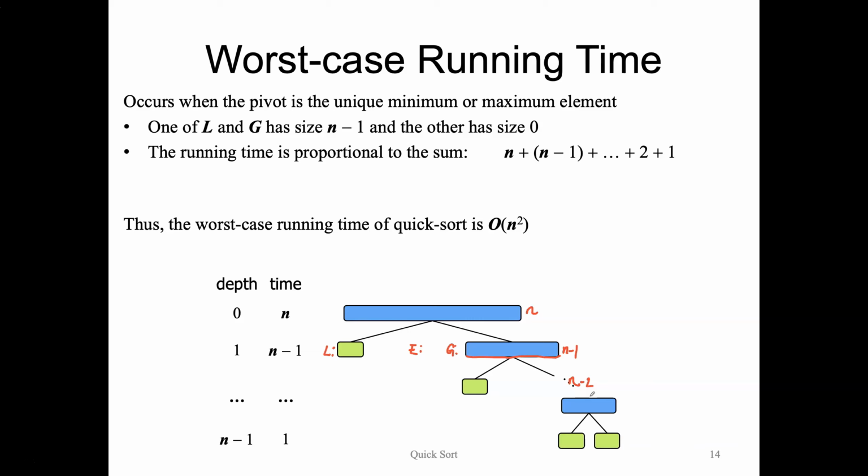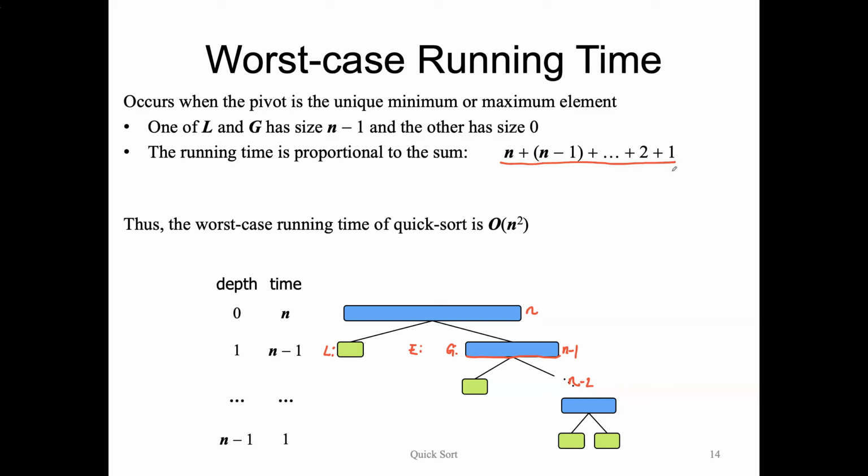In this case, our running time would be proportional to however many elements we're working on each time. So even our partition step alone would require big O of n time. Then to partition this sequence would be n minus 1, to partition this sequence would be n minus 2, and so forth, which brings our total running time to the sum of the first n numbers, which is quadratic.